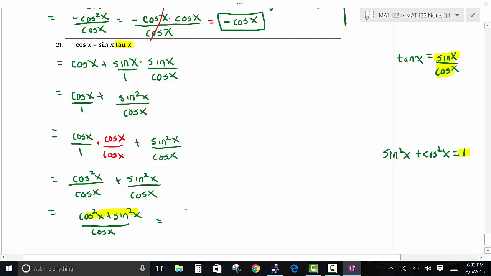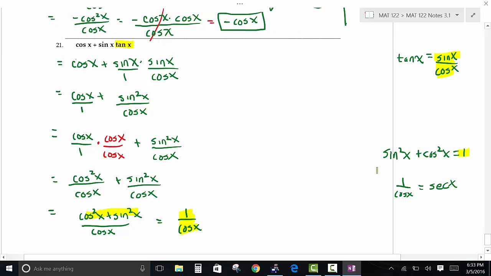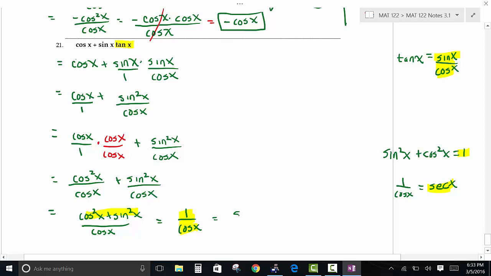So from here, I'm going to write this as 1 over cosine of x. But we have the identity that says, since the cosine is the reciprocal of the secant, then we have this identity. So we're going to substitute this with what it's equal to, and that should be as simple as we can write this. So the final simplified answer would be secant of x.